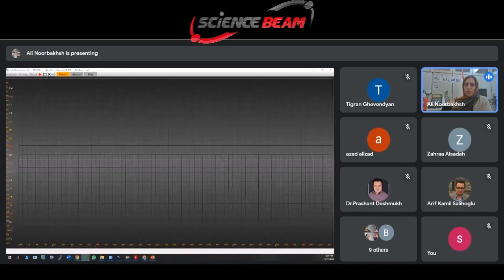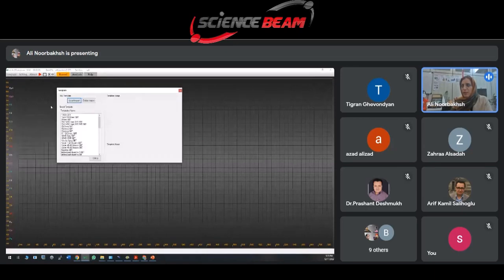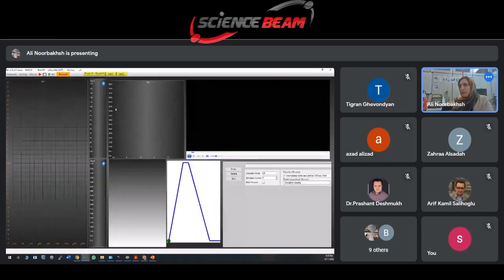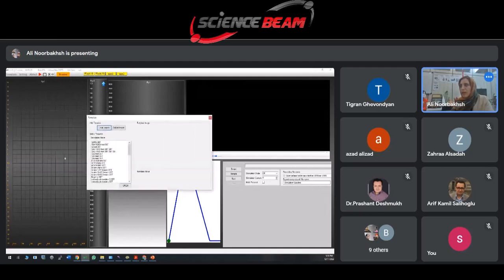You can go to the template, and if you want, you can make a protocol. There is a custom protocol, open it. And you can make a protocol, for example, on FB1.